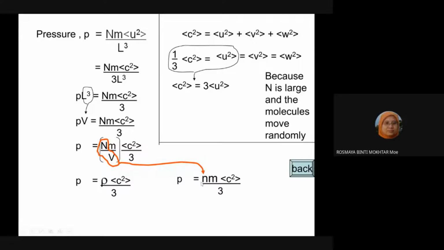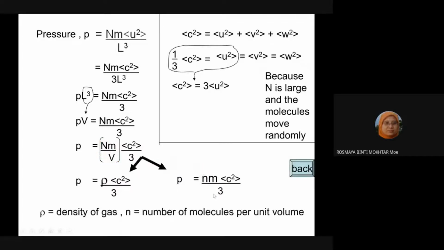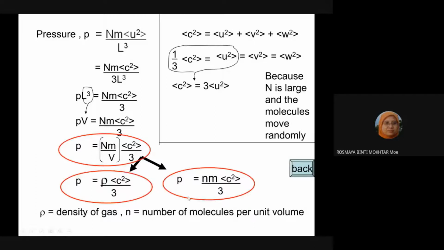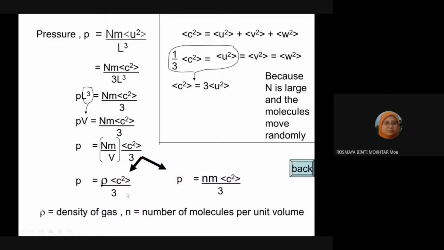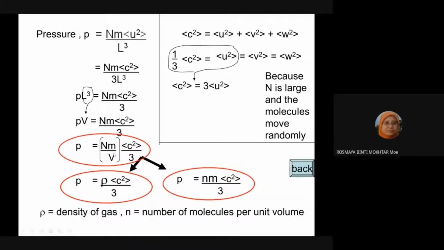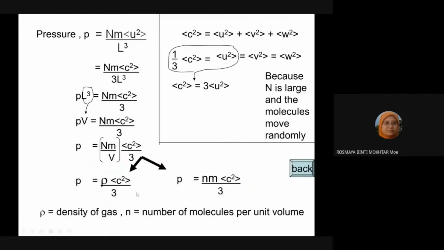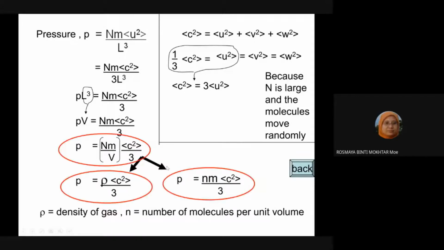So I remind you again, this n represents the number of molecules density, so n is equal to the number of molecules per volume. So these are two equations to be memorized. Besides the first one, from it we get another two. Memorize all of these.